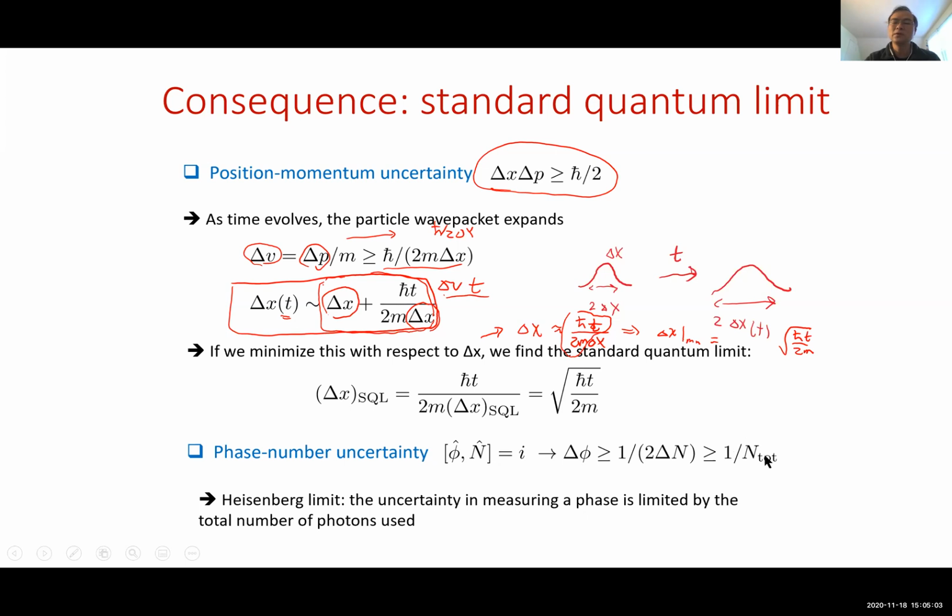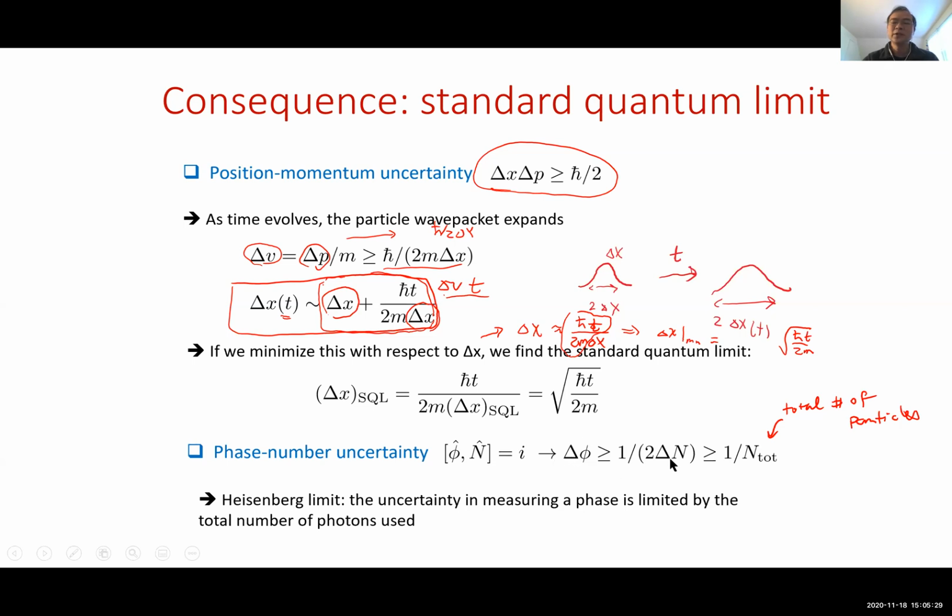This is roughly also lower bounded by 1 over the total number of photons, or total number of particles. In the case of photons, this would be the photon number.